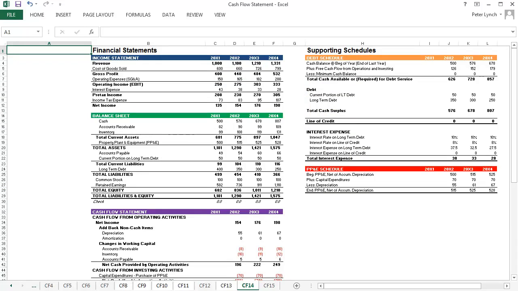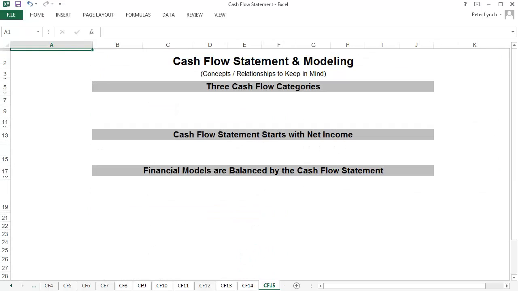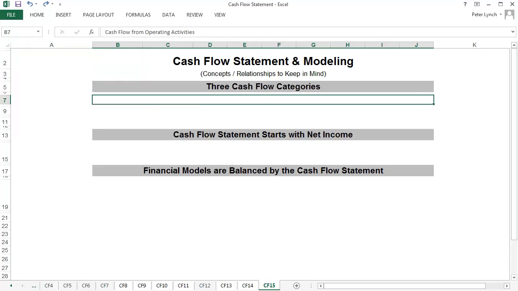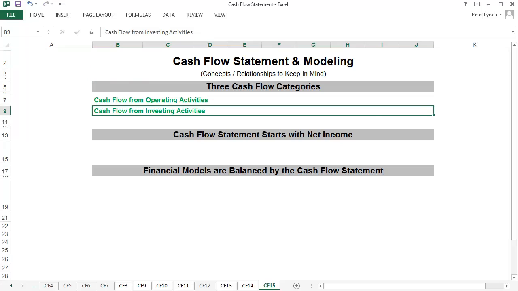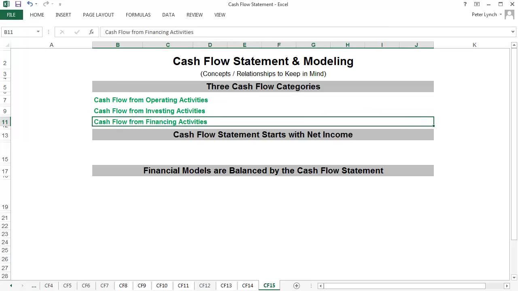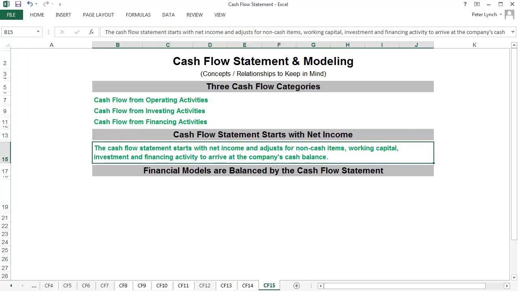But before we move on, I want to highlight a few concepts and relationships. First, that there are three cash flow categories: cash flow from operating activities, cash flow from investing activities, and cash flow from financing activities. Next, it's important to keep in mind that the cash flow statement starts with net income and adjusts for non-cash items, working capital, investment, and financing activity to arrive at the company's cash balance.